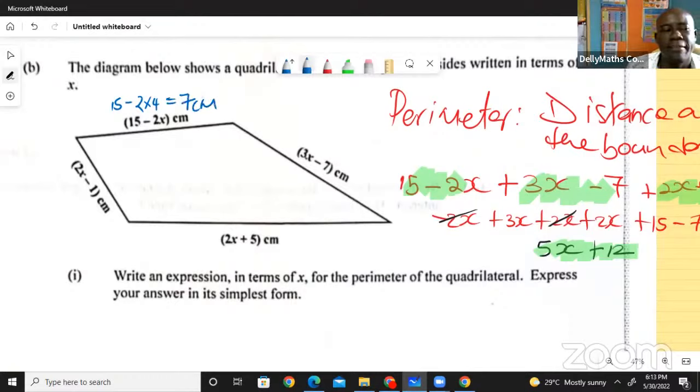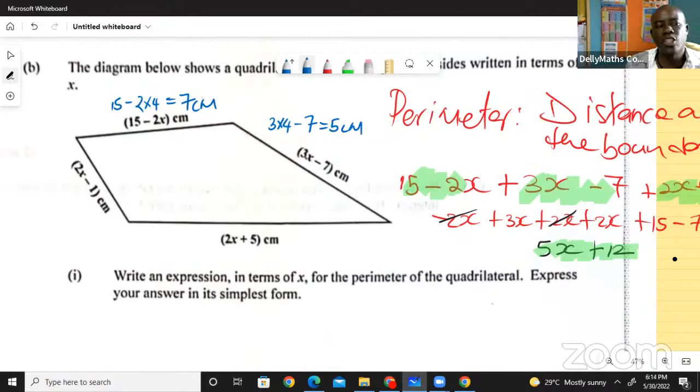So this side is 7. Here we have 3x minus 7, but x is 4. So 3 times 4 minus 7. 3 4s is 12, and if I minus 7, that's 5. So this side is 5.